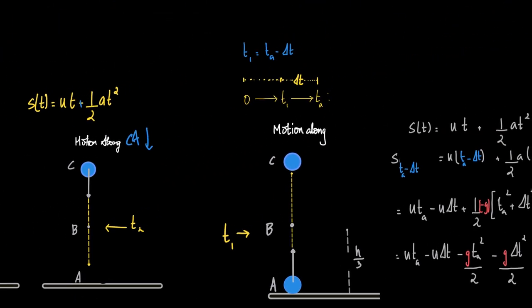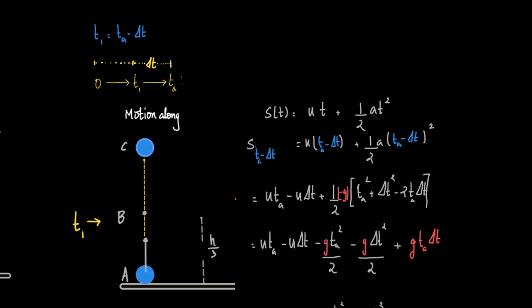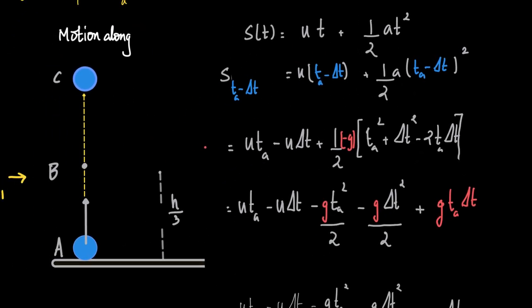Now, why do we need this? What is the displacement as a function of time for the motion along AC? Displacement as a function of time is ut plus half at square. Displacement at TA minus delta T. Now, what is that?